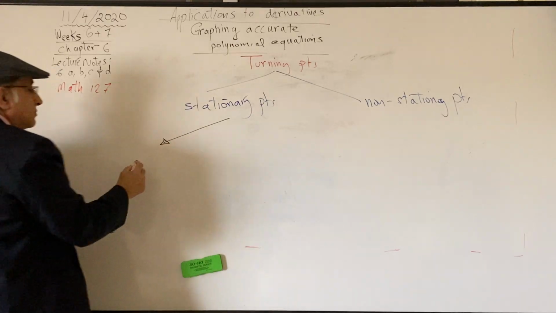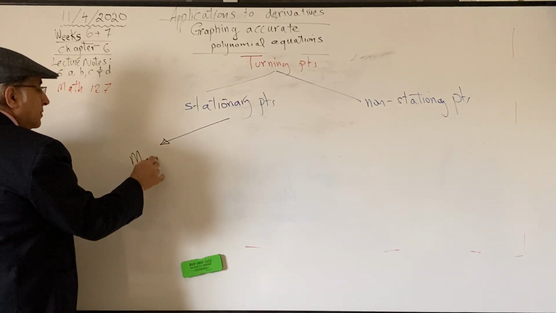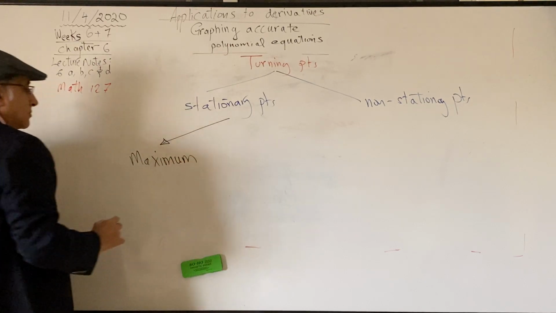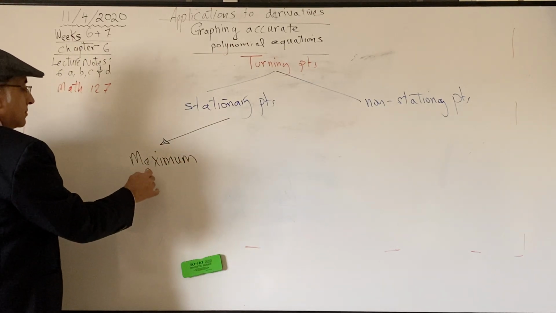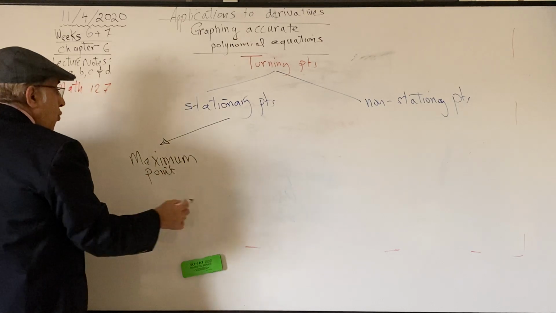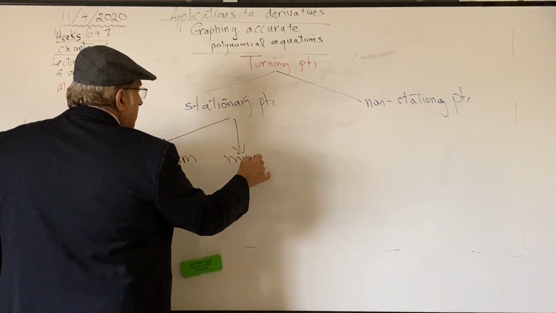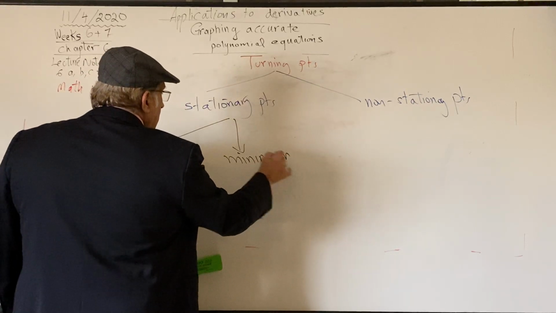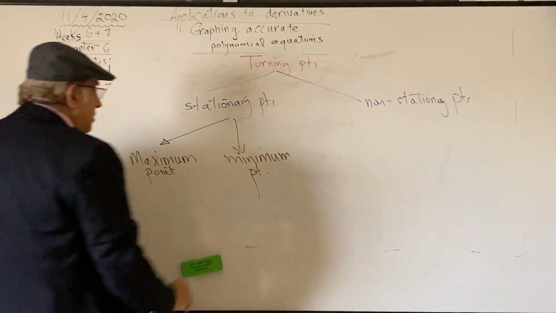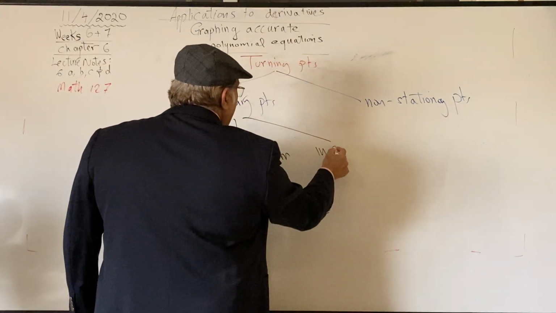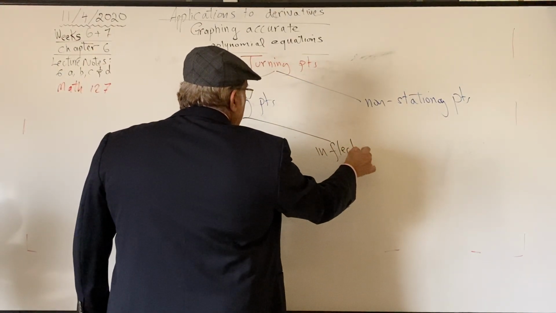One is called a maximum point, one is called a minimum point, and a third one is called an inflection point.